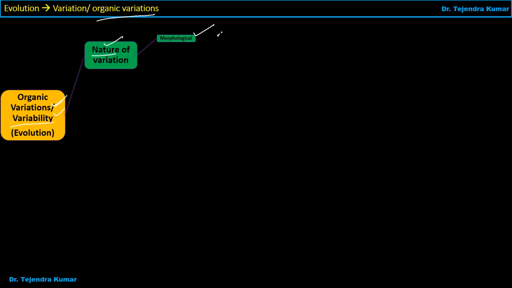It includes such as shape, size, color, height, some type of pattern, or length. So these are the morphological types of variations which can be seen.